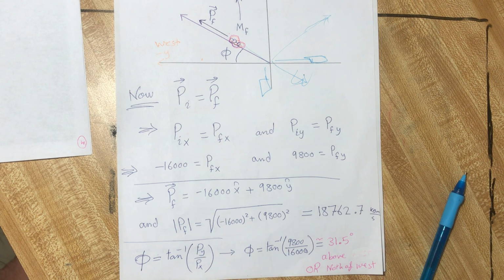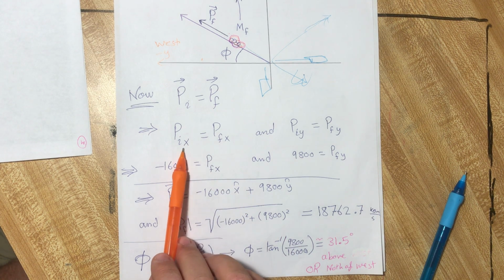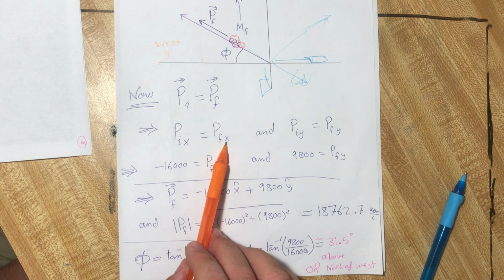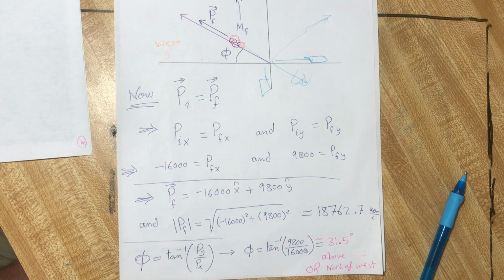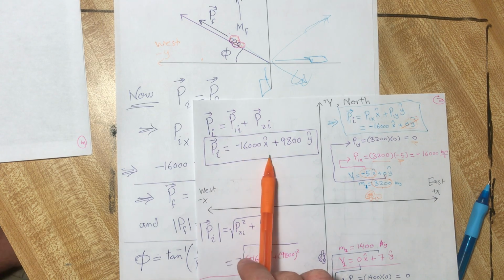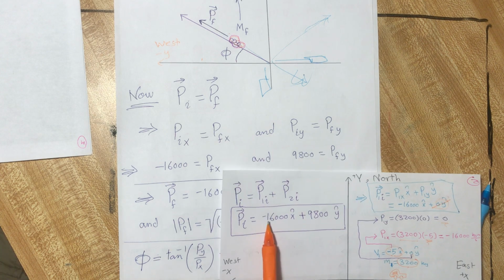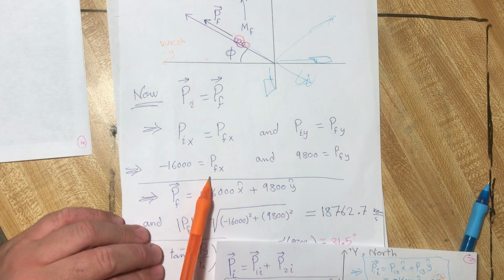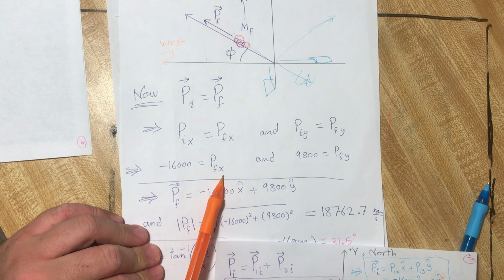Look here. P initially in x direction is equal to P finally in x direction also. P initially in x direction, we find it. This is the momentum vector. P initially in x direction is negative 16,000, equal to the system's P finally in x direction.